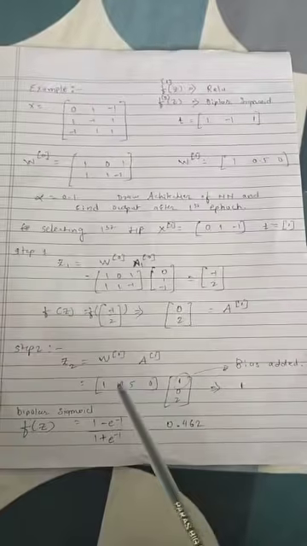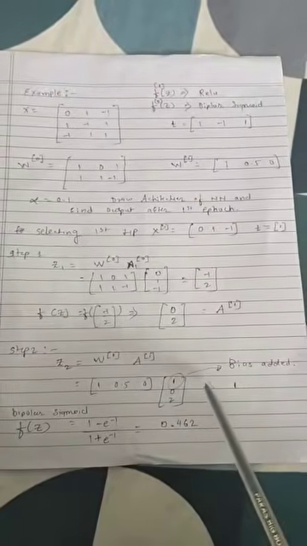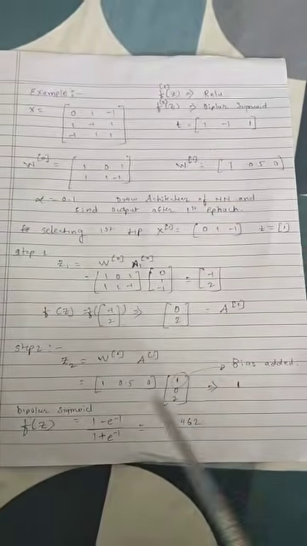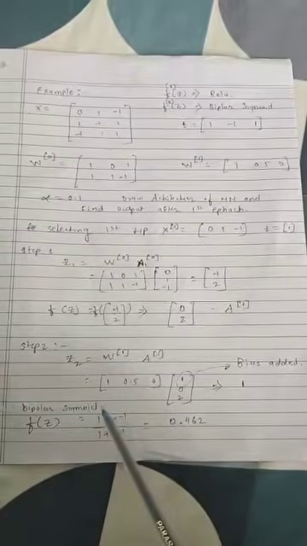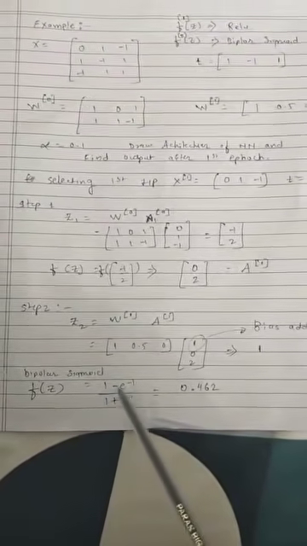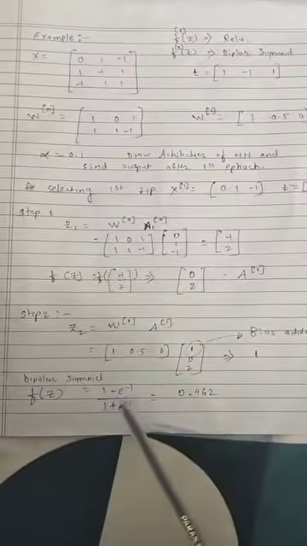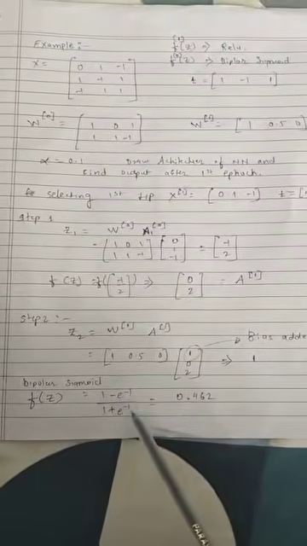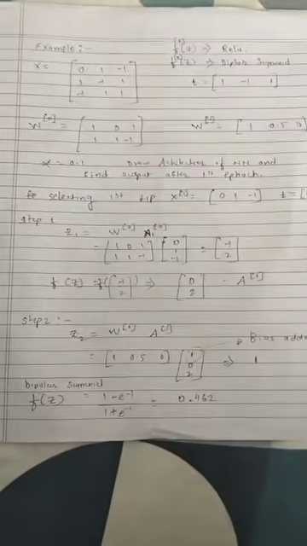After calculating this, it gives me 1, and that 1 we pass to the bipolar sigmoid activation function. The equation for the bipolar sigmoid is (1 minus e raised to minus x) divided by (1 plus e raised to minus x), so for 1 it is equal to 0.462. So this is my feed forward neural network.